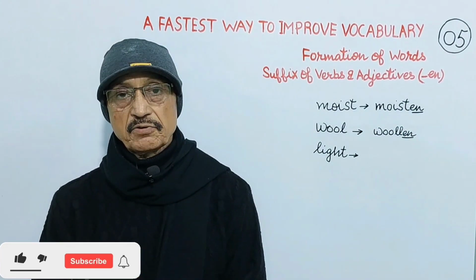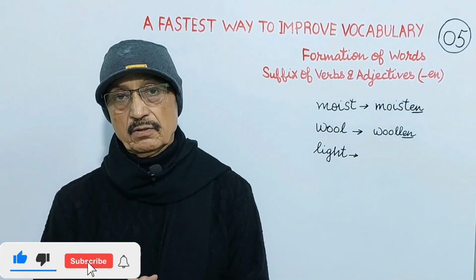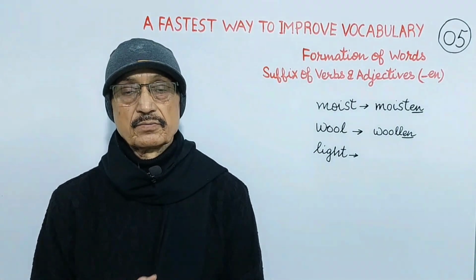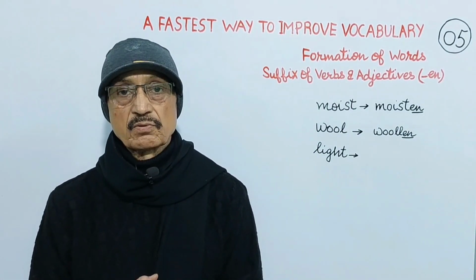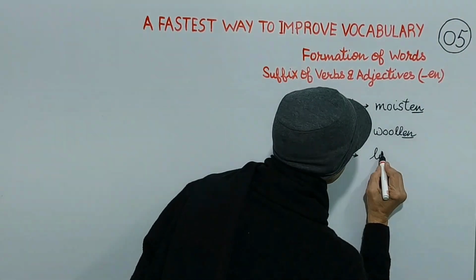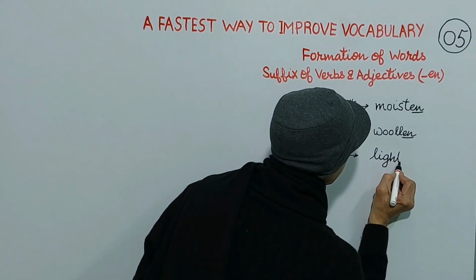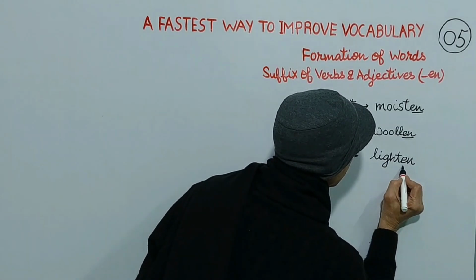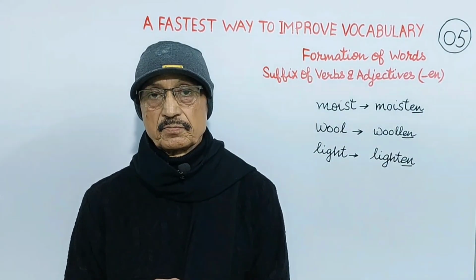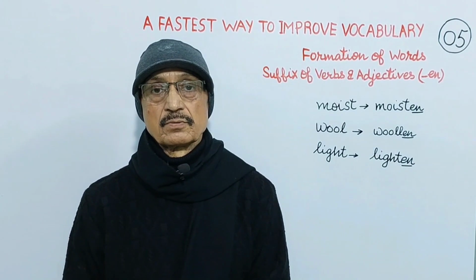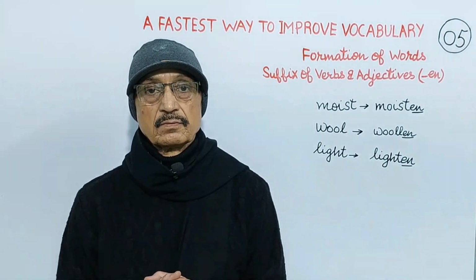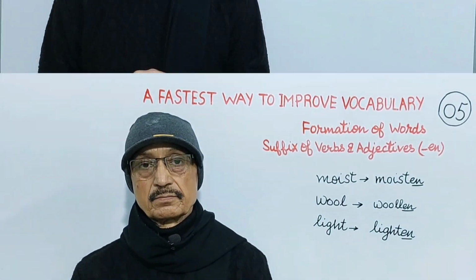This is an adjective as well as a noun. When we add suffix en after it, it becomes lighten. Lighten. This is a verb. It means to make light, to make clear.